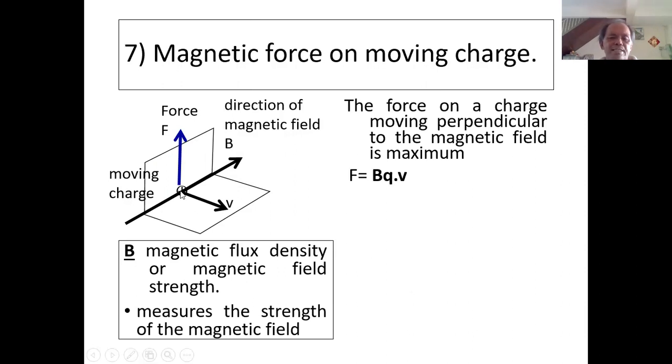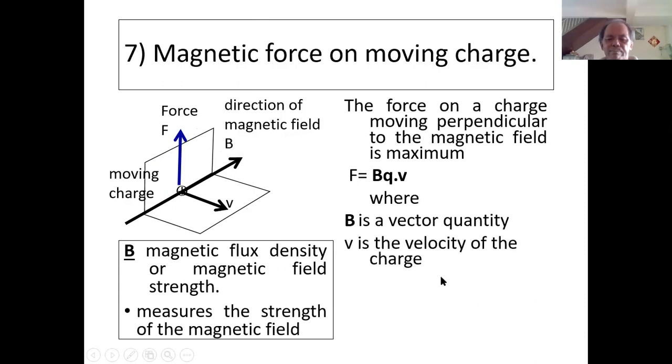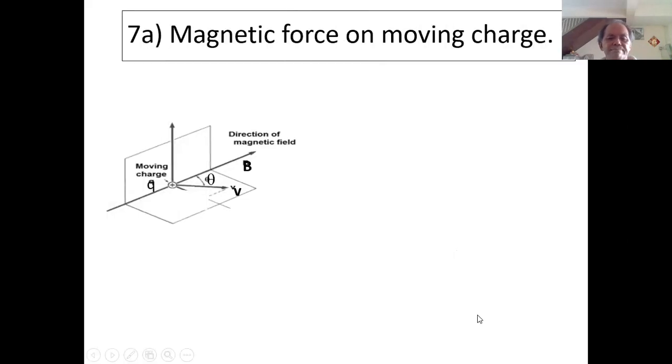So when the charge is moving perpendicular to this field, the force is maximum. Remember your B is a vector. V is also a vector, velocity vector. Q is a scalar, the quantity of charge, magnitude of charge.